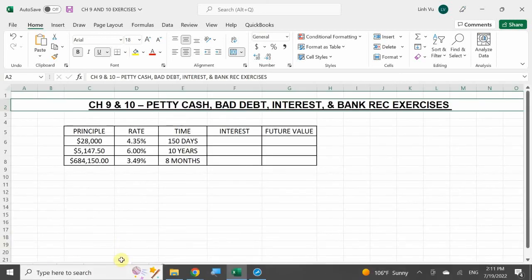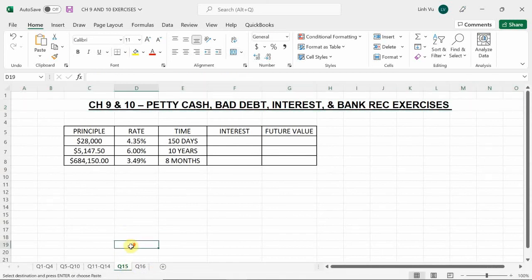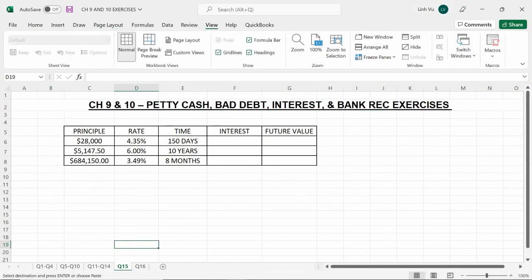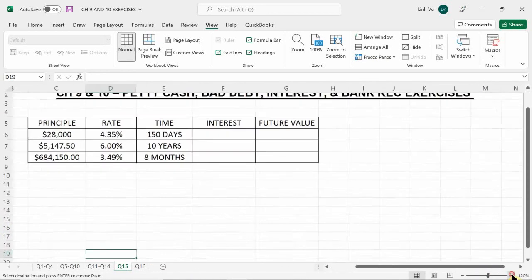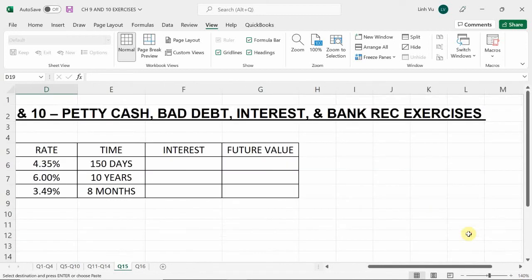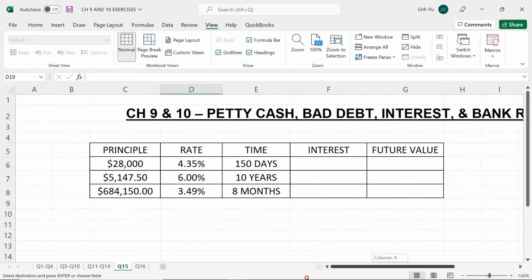All right, question 15. Go ahead and practice this right here. You have a simple interest problem.